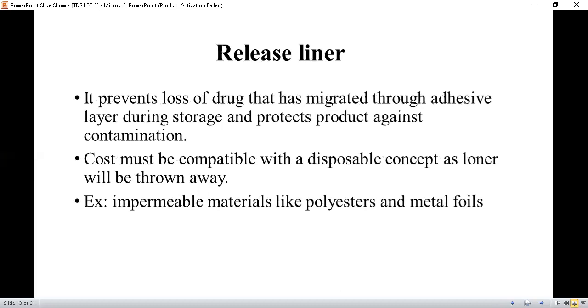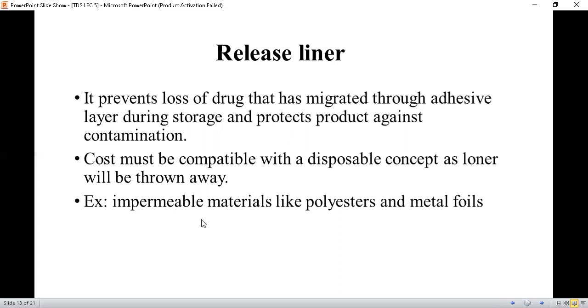During storage conditions, the release liner protects the drug. It prevents the loss of drug that has migrated through the adhesive layer during storage and protects the product against contamination. Cost must be compatible with the disposable concept, as the liner will be thrown away.